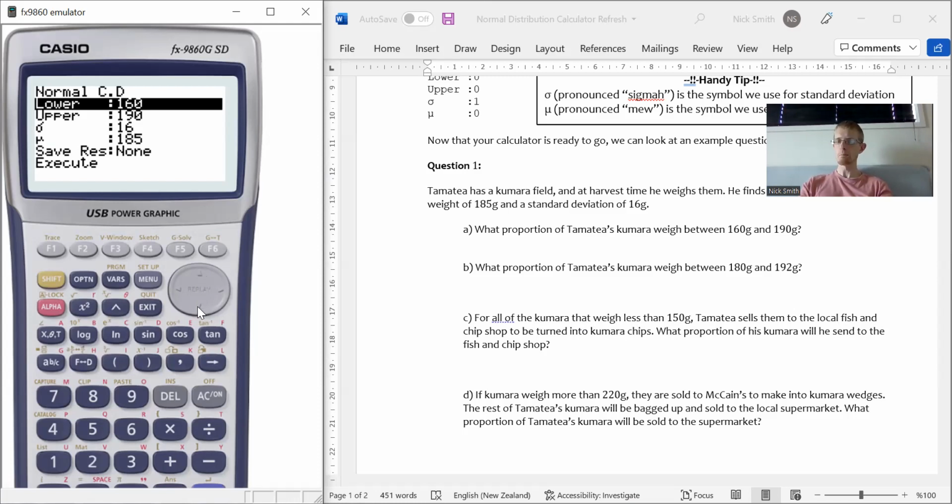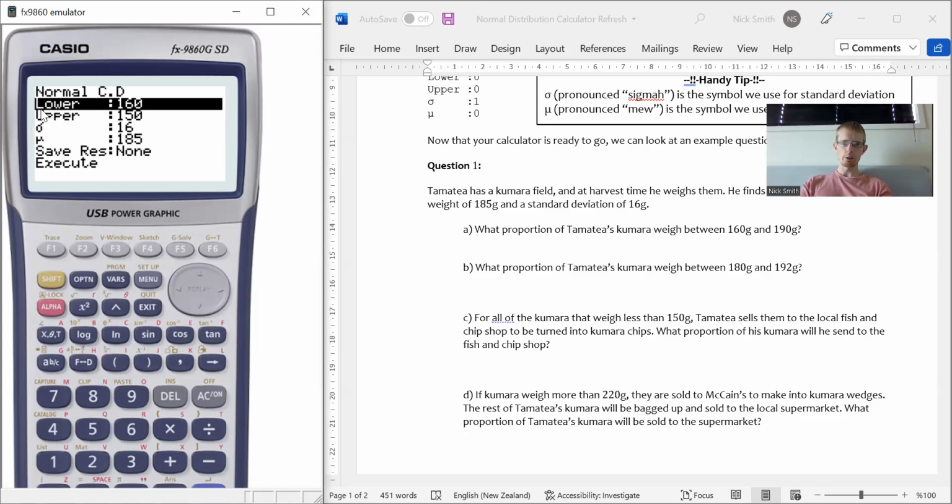It wouldn't weigh any more than that. That'd be the most. And then everything less than 150 as well is also sent off to the fish and chip shop. So the upper amount, the most that it would weigh, is 150. It couldn't weigh any more, okay, because it's less than 150 is what gets sent off.